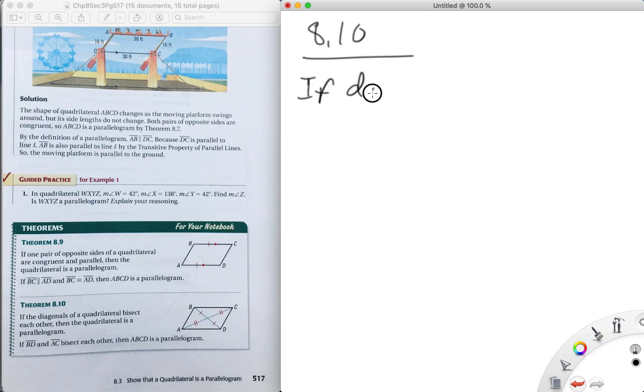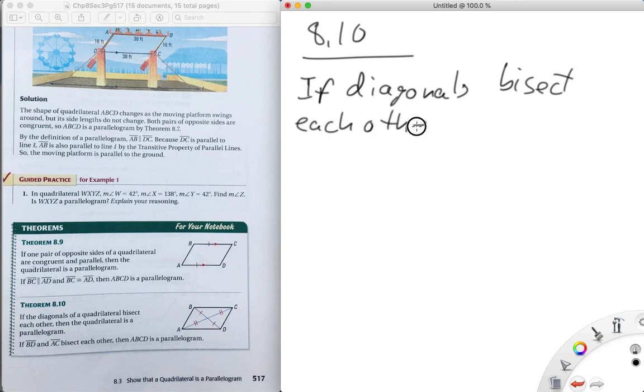If the diagonals bisect each other, then the quadrilateral is a parallelogram.